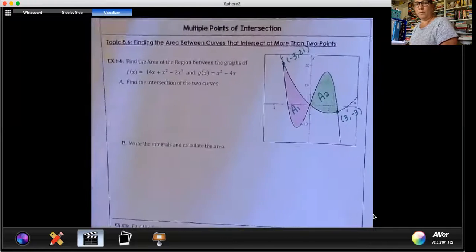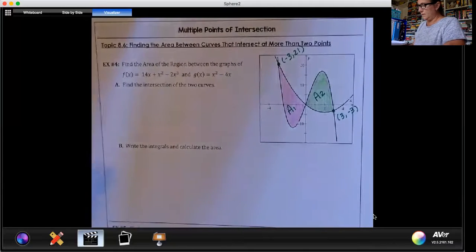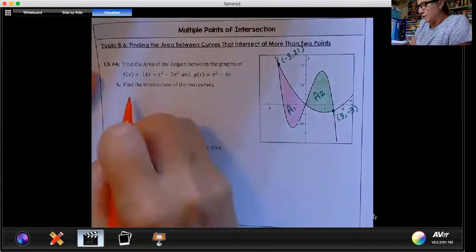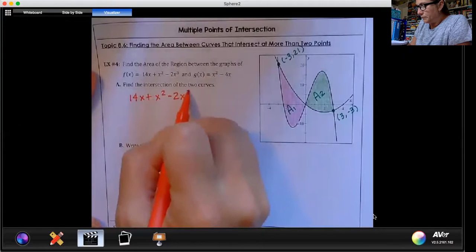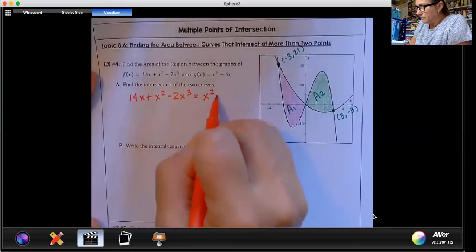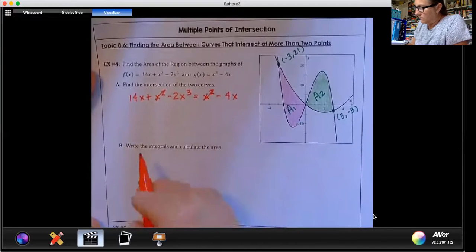If you have multiple points of intersection, that simply means you're going to have more than one integral. So the intersection of the two curves occurs where the two are equal. So the x squareds are going to cancel.